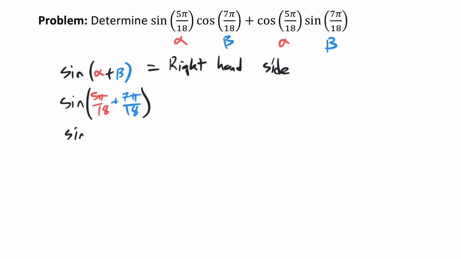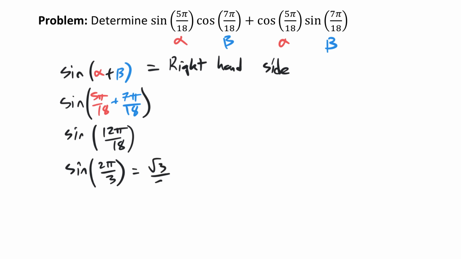We have a common denominator, so that'll be 5 plus 7, which is 12 pi over 18. Oh, we could simplify that. Divide them both by 6. So 2 over 3. Oh, and well, sine of 2 pi over 3, that's a unit circle value. That's something I know. Sine of 2 pi over 3 is equal to root 3 over 2.